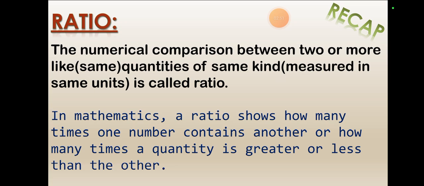Basically that is called a ratio. In mathematics, a ratio shows how many times one number contains another, and how many times a quantity is greater or less than the other. That's why it is very important to take both quantities as being of the same kind.